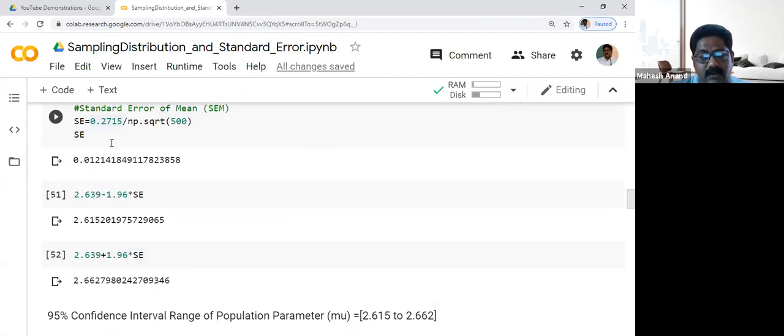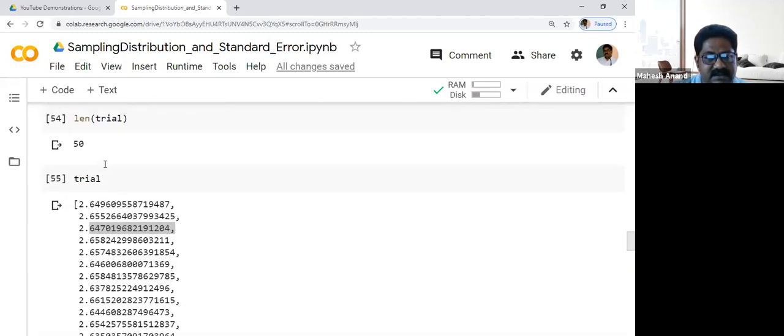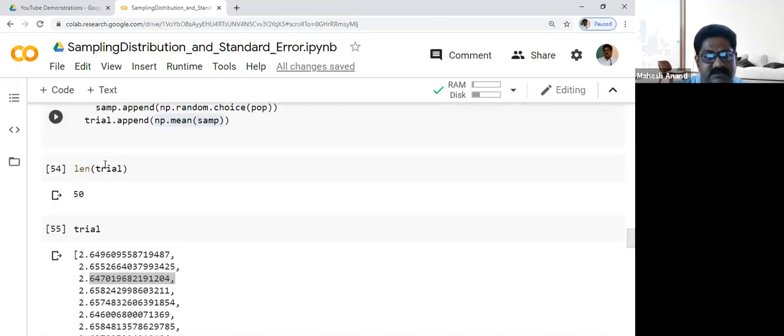When I do one round, how is our standard error of the mean approximated? Whatever standard deviation we got, that is 0.2715 of these 500 samples divided by root of 500 gives the standard error of the population mean, 0.01214.